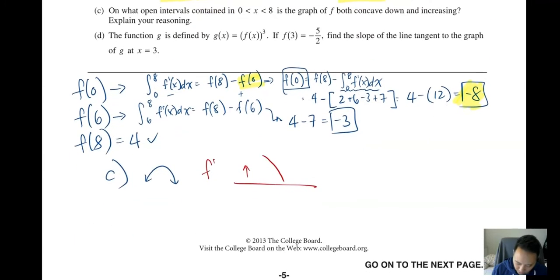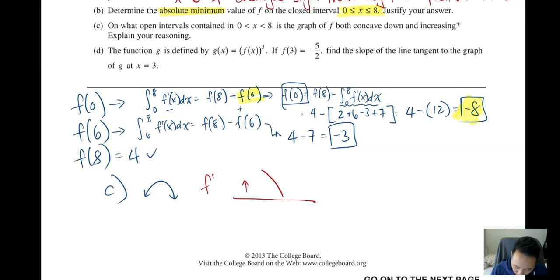So I would write on what open intervals. So my open intervals would be from 0 to 1 and from 3 to 4. And again, I'm going to highlight this keyword, explain your reasoning. All right, you're not going to get full credit if you don't have some kind of explanation.